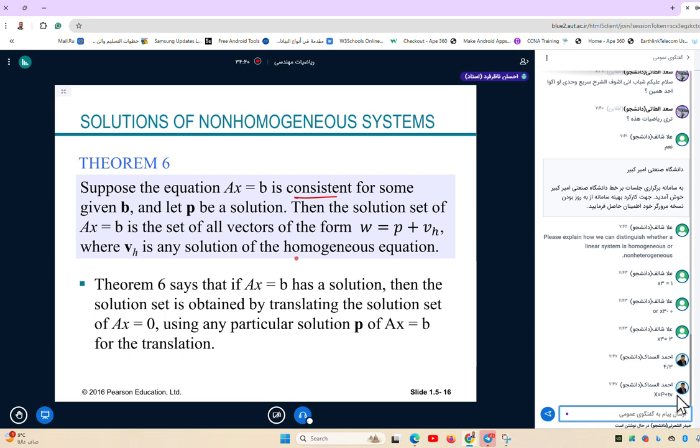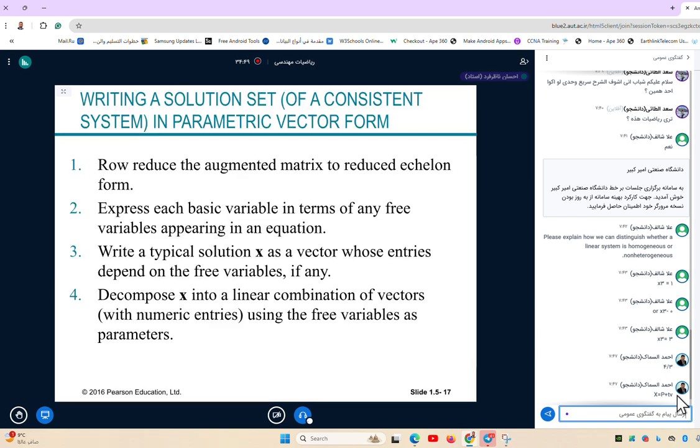I mean the corresponding homogeneous equation. So this is a summary of what we discussed.